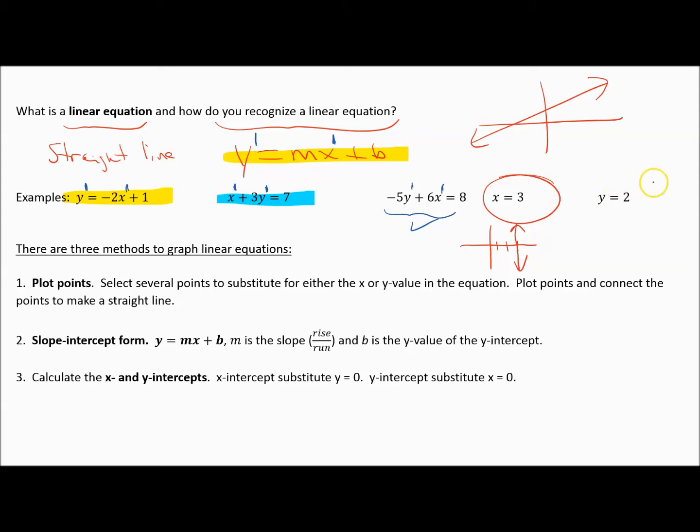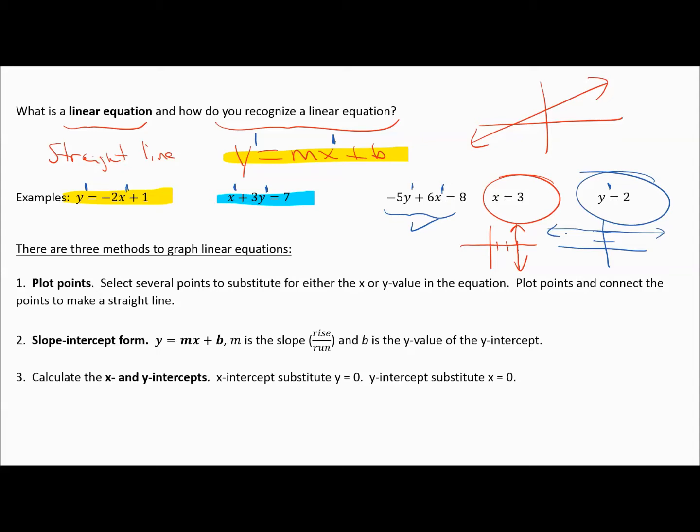On the other hand, this guy right here is missing an x value altogether, but y is equal to 2. It is also a linear equation. Notice the y is to the first power as it should be. If you were to graph this, no matter what x is, x could be anything you want, y is fixed at 2, and that would graph a horizontal line for us.